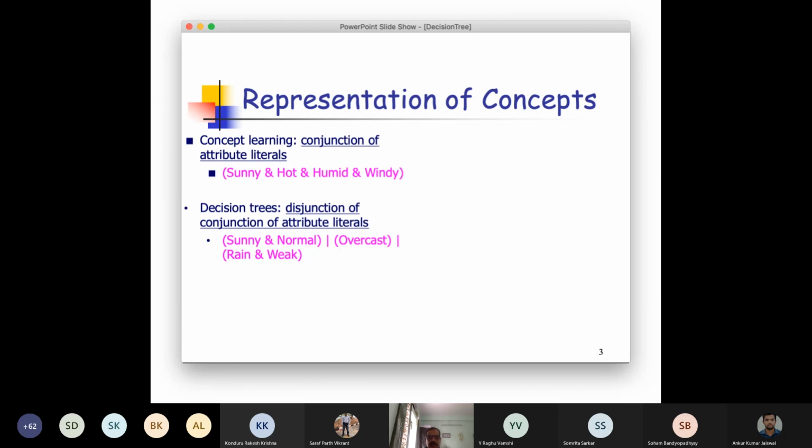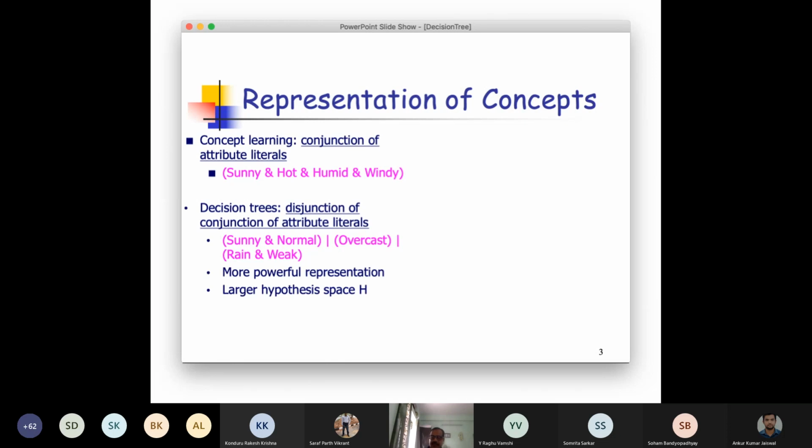Then again, either the sky is overcast, or the weather is rainy, and the wind speed is weak. In all these cases, your output is true. So we can express the whole thing in this form by using the disjunction, or operations.